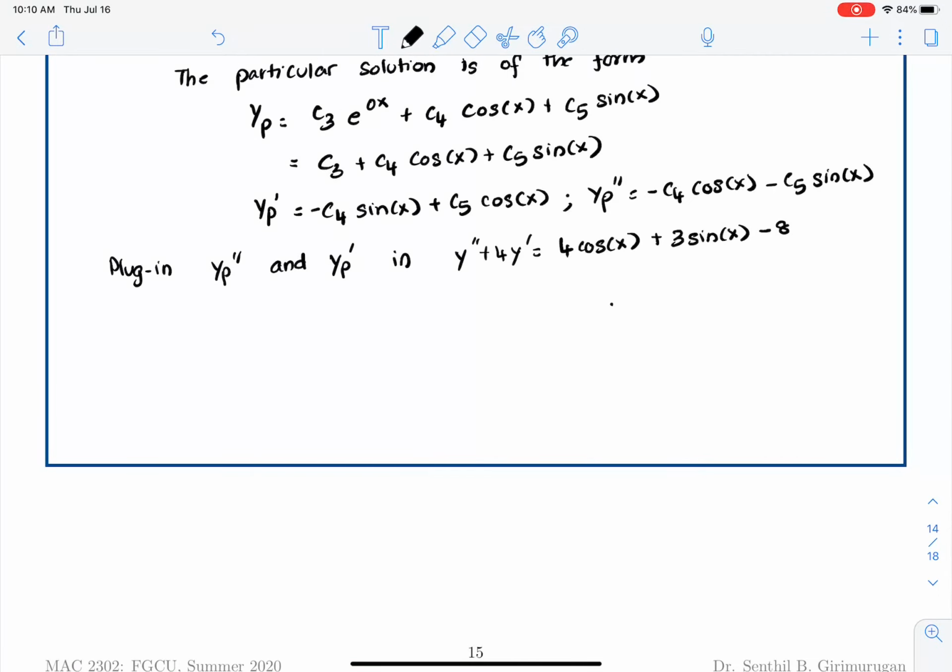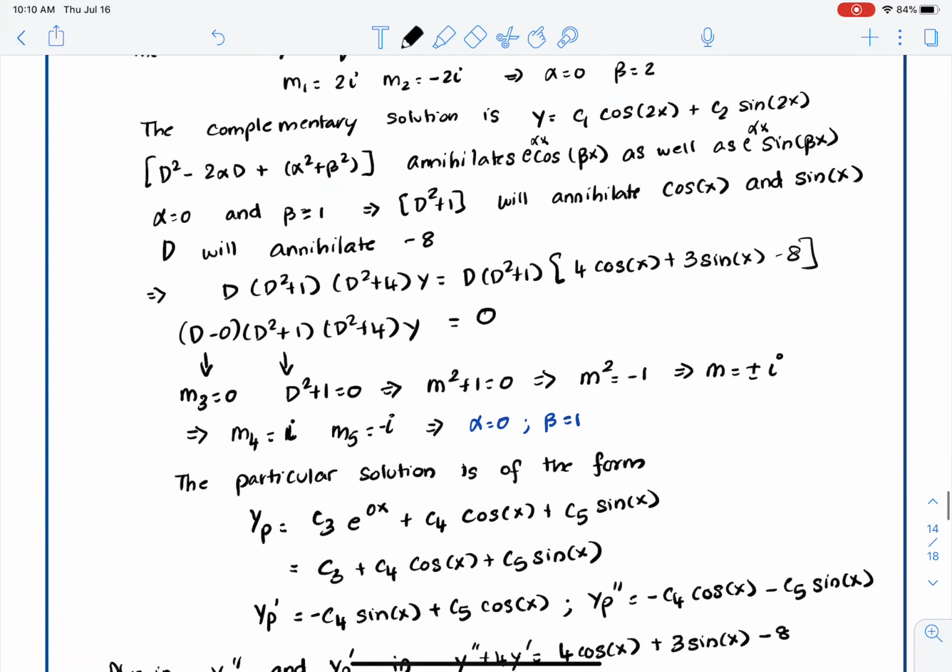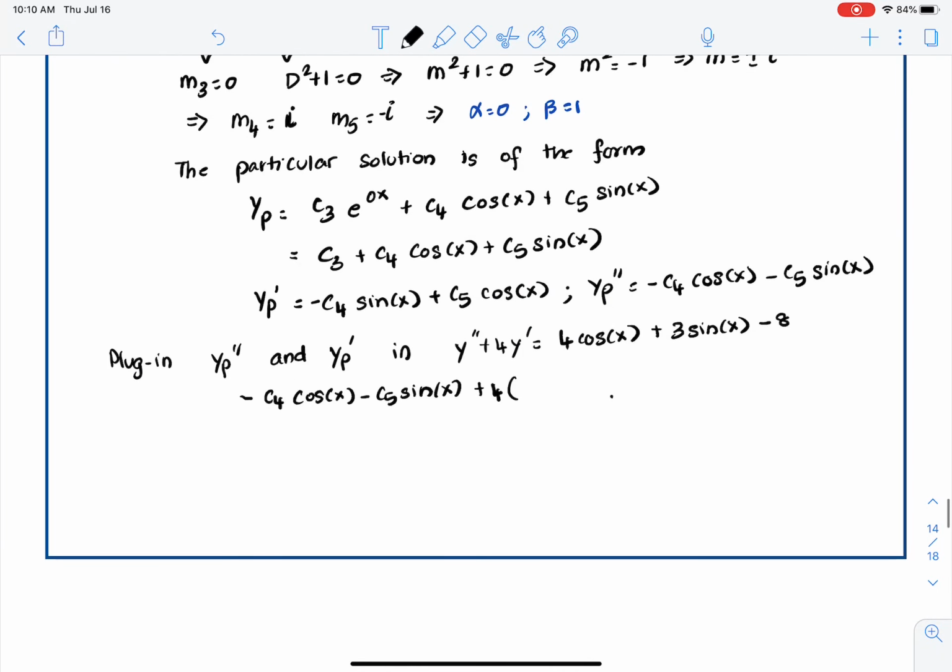So we would have to gather all the cosine terms, so negative c4 cosine x, negative c5 sine x, plus 4 times y, which is c3 plus c4 cosine x plus c5 sine x, equals 4 cosine x plus 3 sine x minus 8.